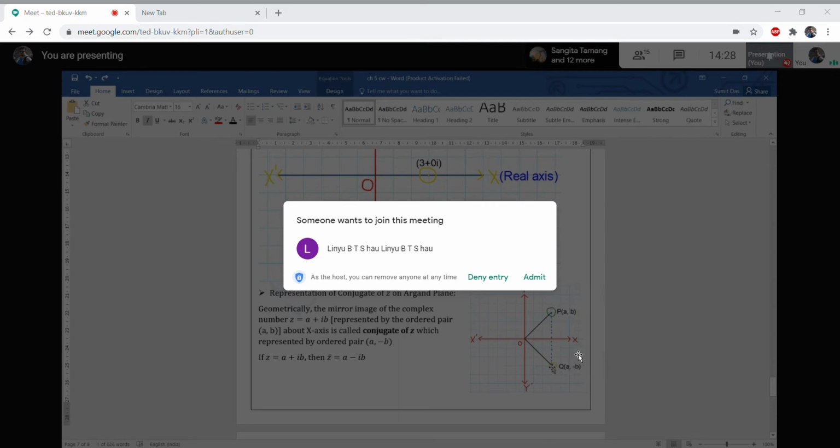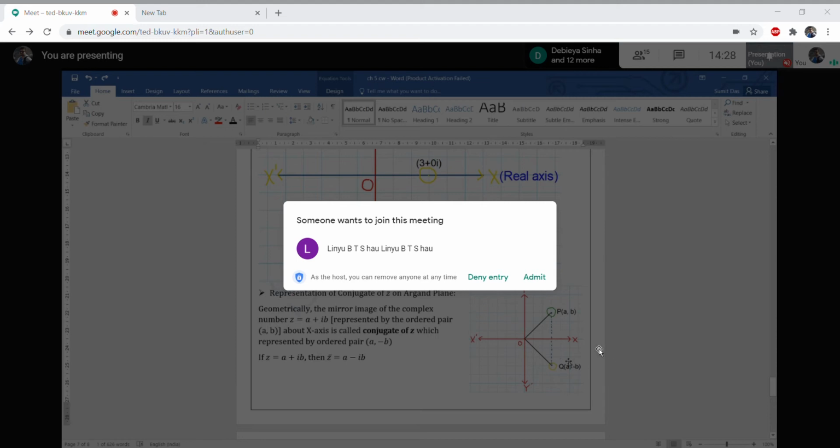So look, the sign will always change. If the point is on the second quadrant, the imaginary part is positive, so the conjugate will be negative. Suppose the point is on the third quadrant, the conjugate will be on the second quadrant. And if the point is on the first quadrant, the conjugate will be on the fourth quadrant.